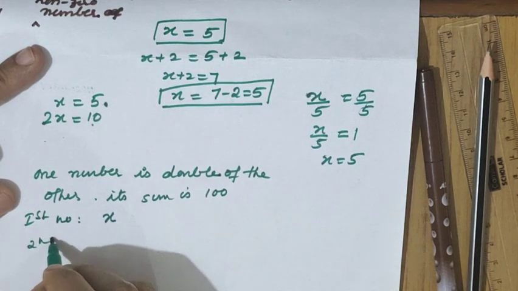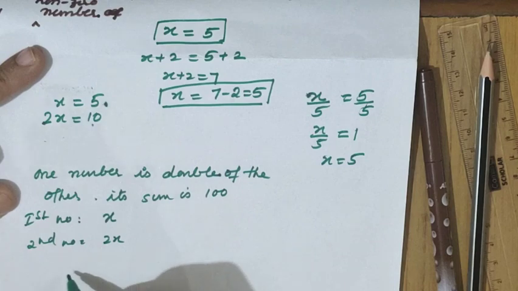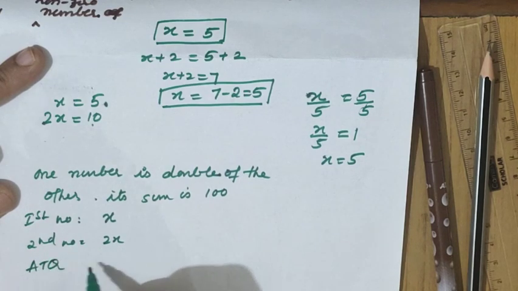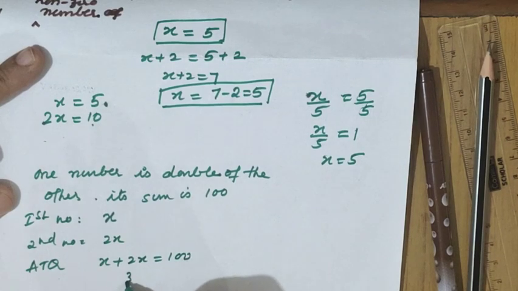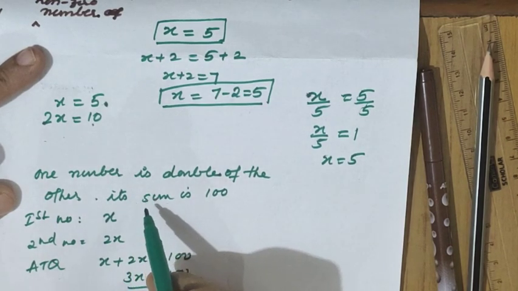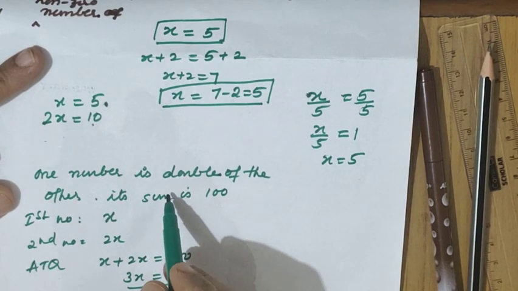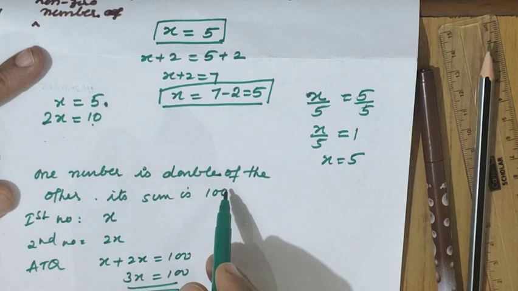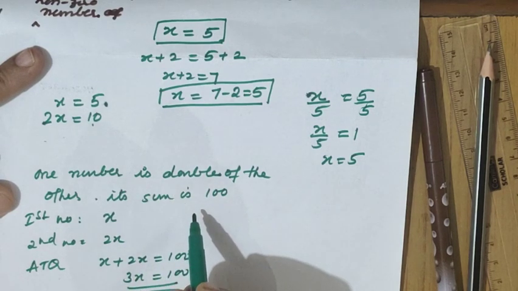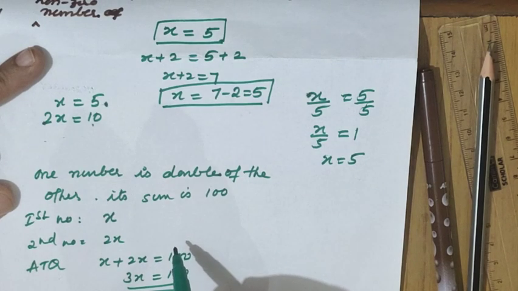What is the second number? Second number equal to 2x, double of the other only. Now according to the condition, how you will write: x plus 2x equal to 100. That means 3x equal to 100. Got? So this is the framing of the equation only. So we are getting the equations from the words, converting in a mathematical way. There are certain situations where we are using linear equation in one variable also.